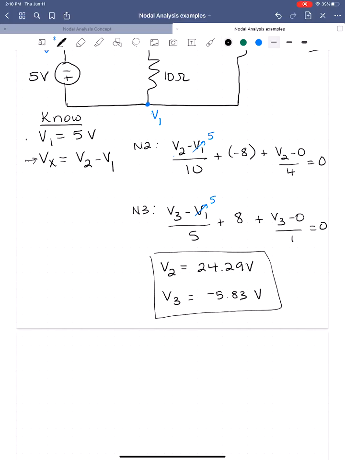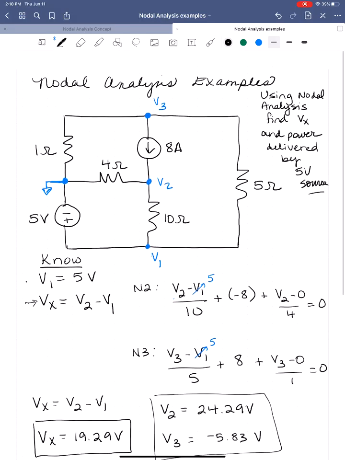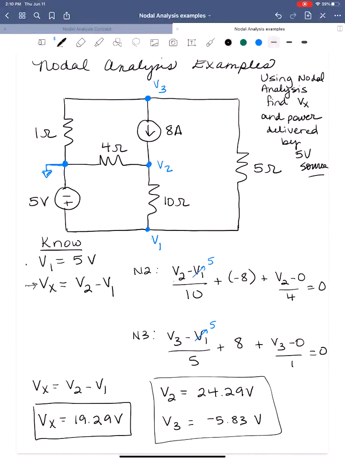Now that we have those, we can solve for Vx. Vx again is V2 minus V1, or Vx is equal to 19.29 volts. So that's Vx. Now we have to go back and find the power delivered by the 5-volt source.